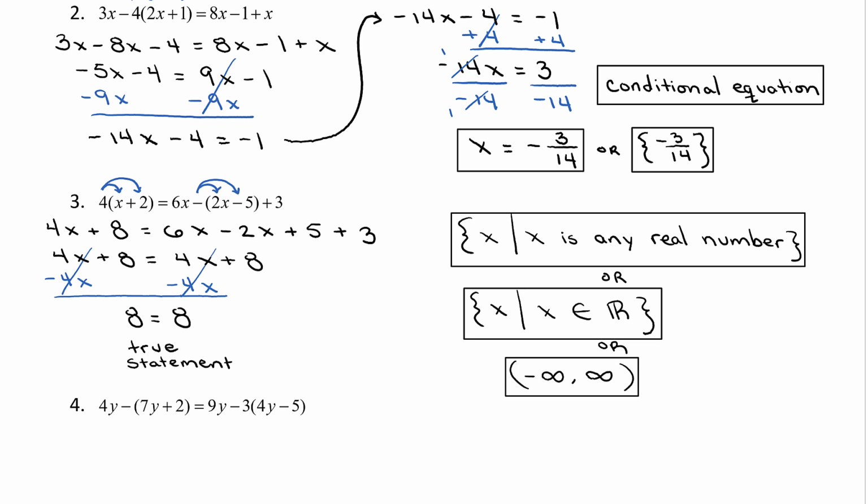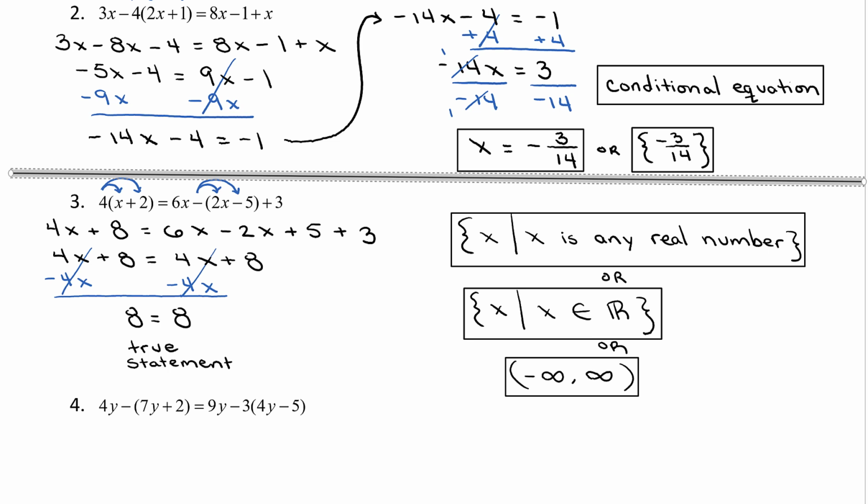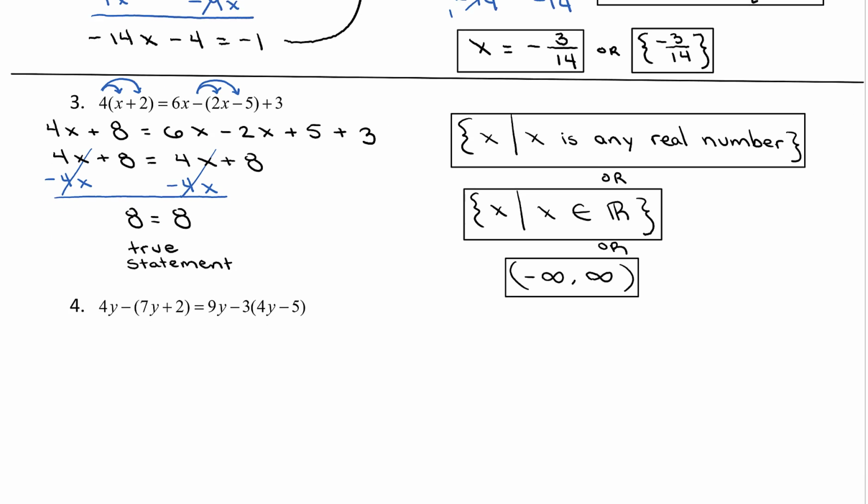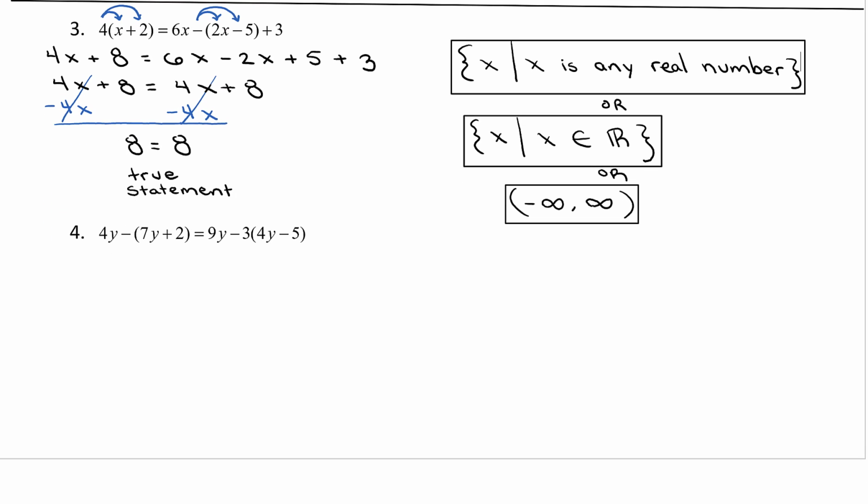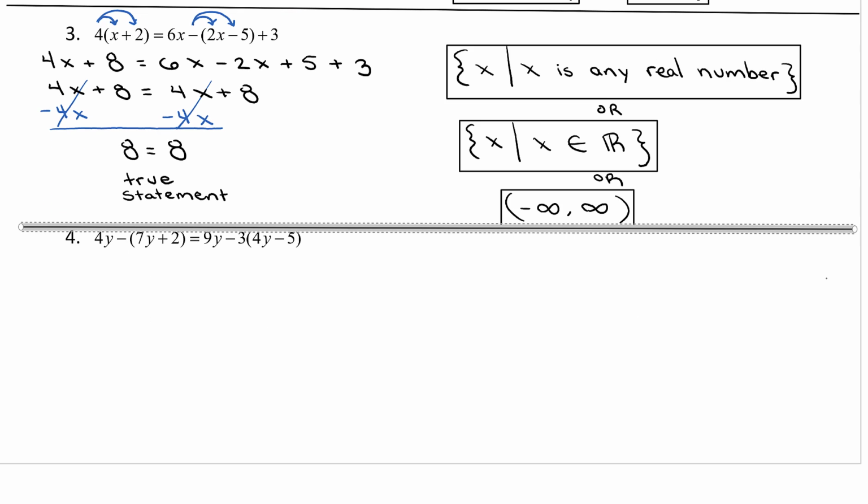Now this type of equation, what would we classify this type of equation as? Let me first draw a horizontal line segment here, and another horizontal line segment here to separate example 3 from example 2 and example 4.